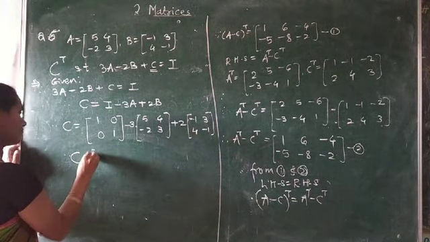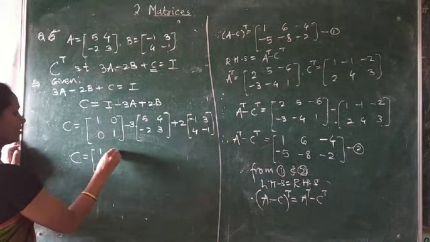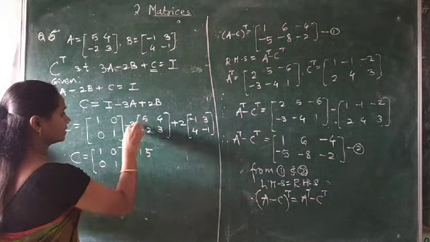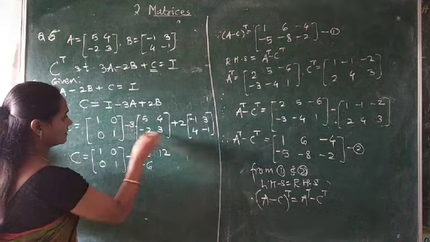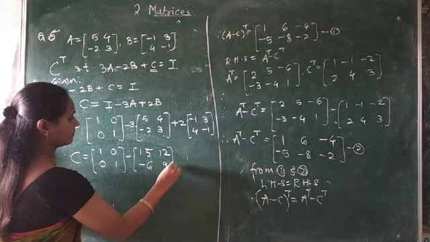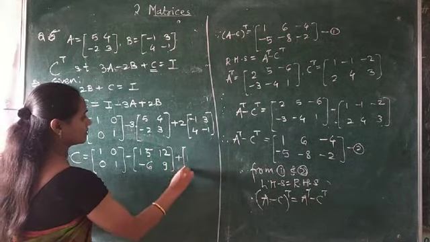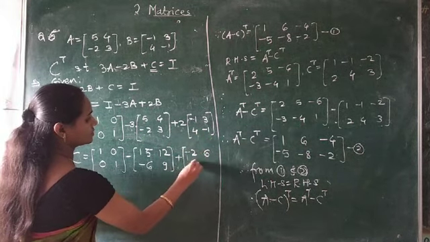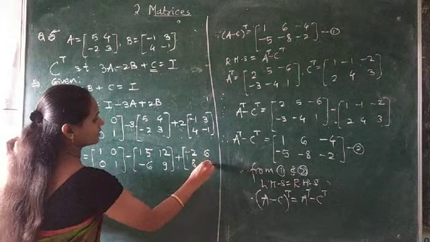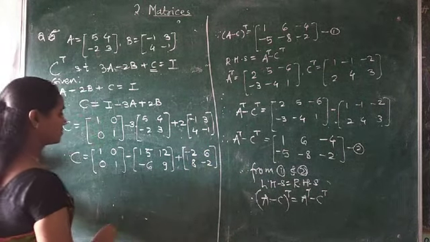Therefore C is equal to, first we take multiplication of these two: minus 3 into 5, minus 15, 3 into 4, minus 12, 3 into minus 2, plus 6, and 3 threes are 9, minus 9, plus 2 into minus 1, minus 2, 2 threes are 6, 2 fours are 8, and 2 into minus 1, minus 2.